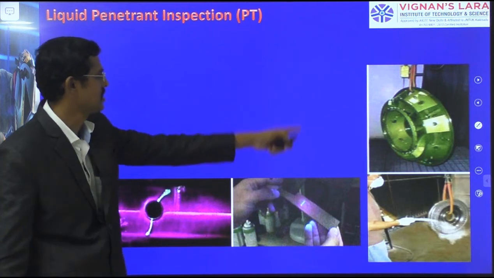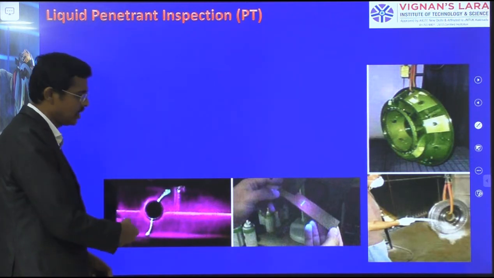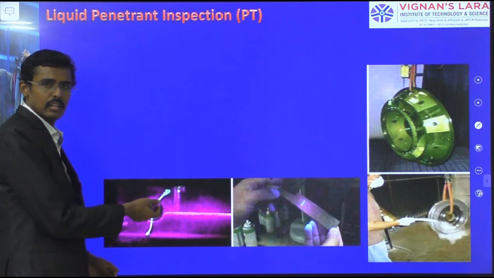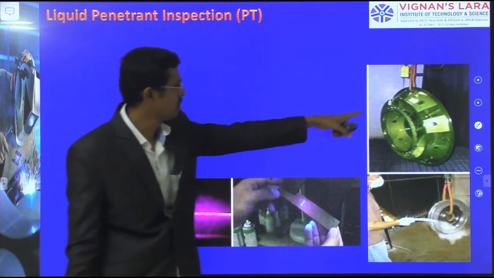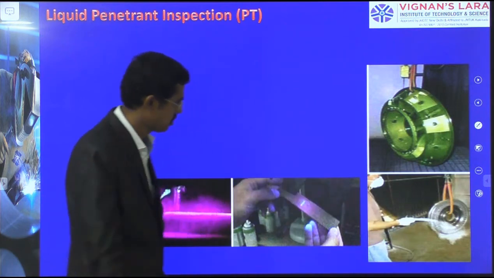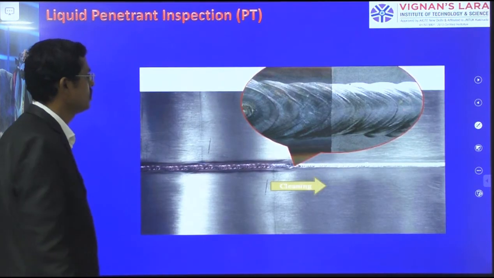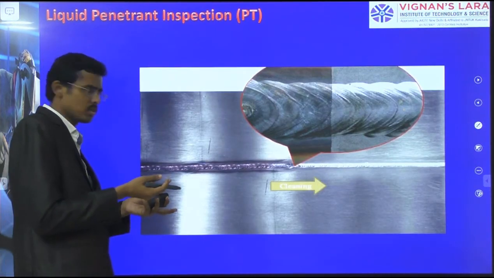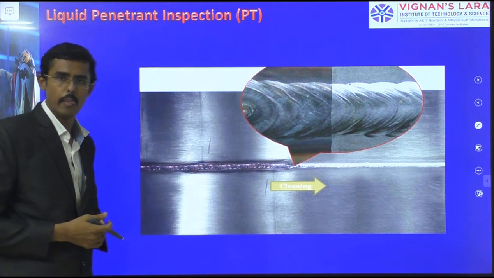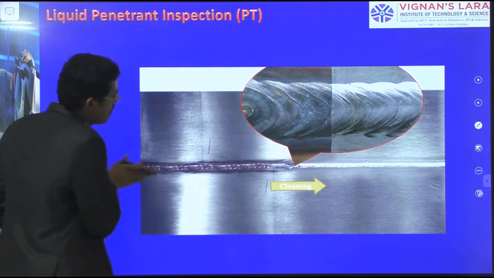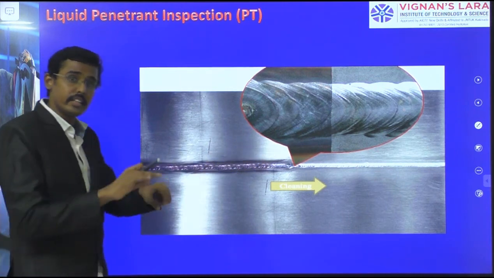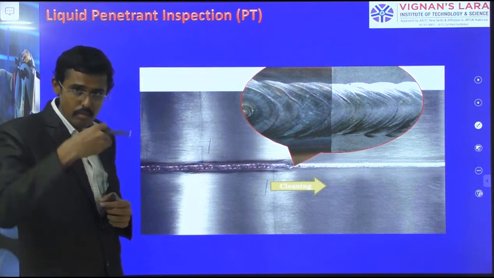See some of the images of how we are doing it. Here fluorescent penetrant is used to identify, and he is doing the job. If you take a close look after applying the penetrant, the penetrant is in red color. After applying the penetrant, I clean, because everything should not be visible; the crack is what we have to identify.